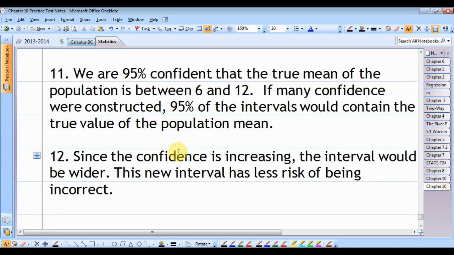The reason it gets wider is because the t star would be bigger, so it'll be multiplied out. Yeah, that's mechanically true. Theoretically, it's that idea of what the definition of confidence is. They're related.